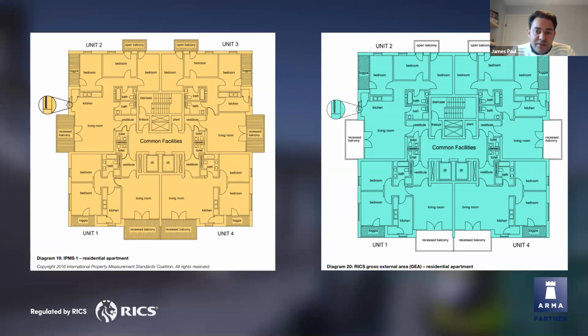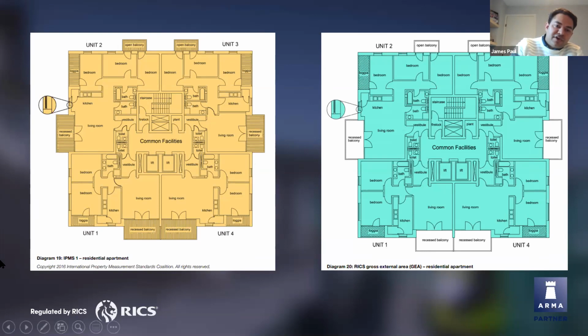The main difference between those pictures, as you can probably see, is that the balconies, no matter how they are formed, whether they are recessed or open, are included in IPMS1, the yellow picture to the left, whereas they were excluded under the gross external area, which was used quite commonly by pretty much everyone until about 5 years ago. You do still get people, unfortunately, using the gross external area who haven't kept up with the times.